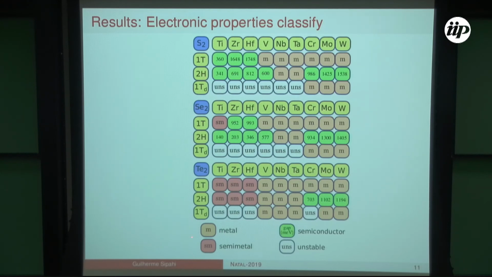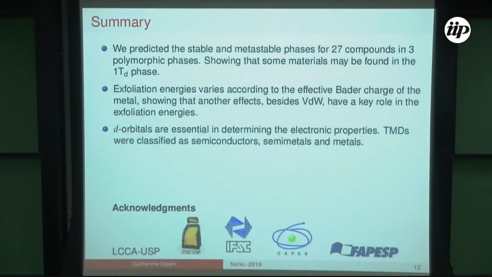So if you read here, you have metals, or semimetals, or semiconductors. For the semiconductors, we put the value of the energy gap, probably close to experiment due to the fact that we are using HSE06. We also say that some of the materials cannot be stabilized in this 1T phase, which occurs through pure distortion of the 1T. So that almost summarizes the electronic properties of these materials.